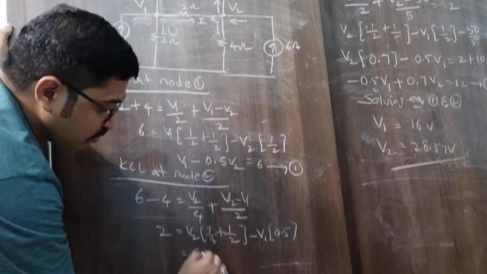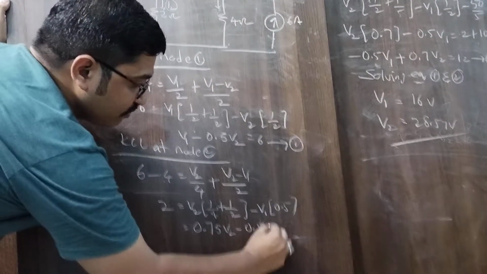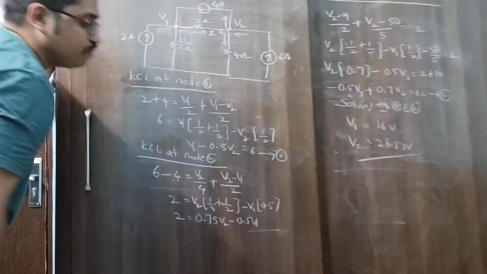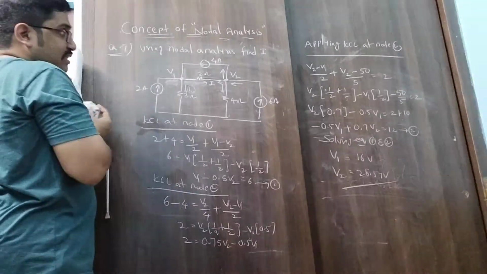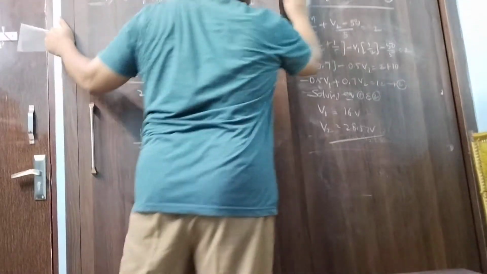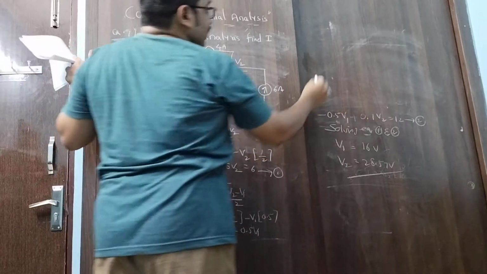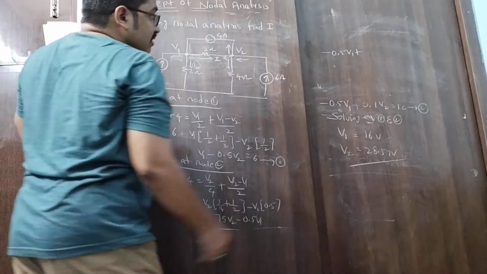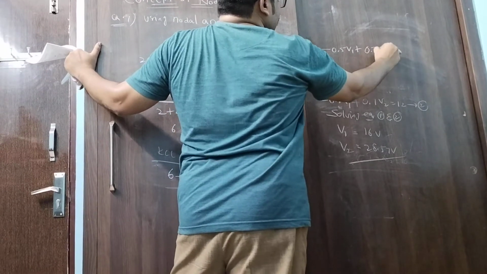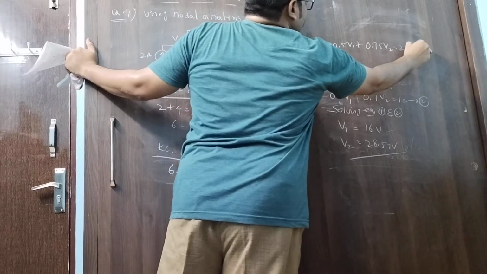So you get 0.75 V2 minus 0.5 V1 is equal to 2. Written properly, minus 0.5 times V1 plus 0.75 V2 is equal to 2. This is equation number 2.